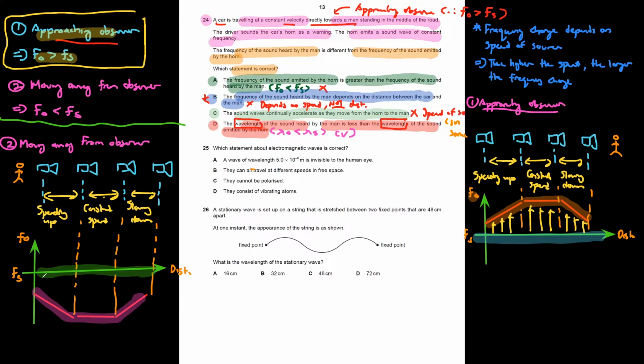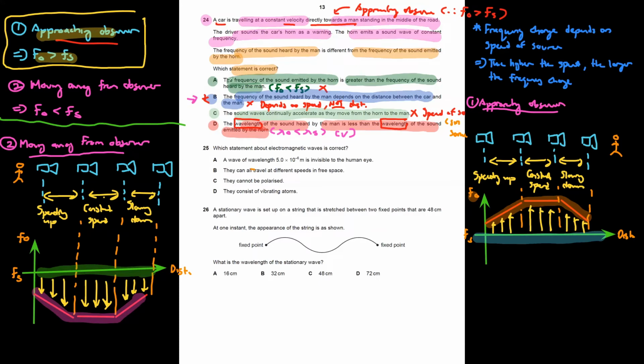For the case where I'm speeding up as I move away, my frequency decrease is increasing. For the case where I move with constant speed, the frequency decrease is constant. And for the case where I'm slowing down, moving away from the observer, my frequency decrease is getting less and less.